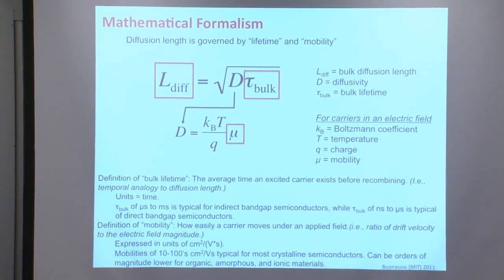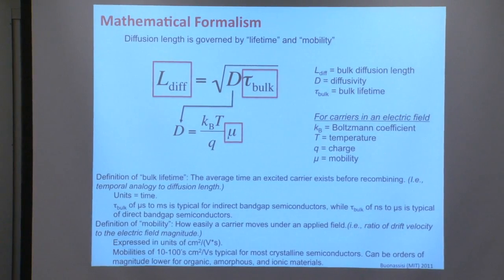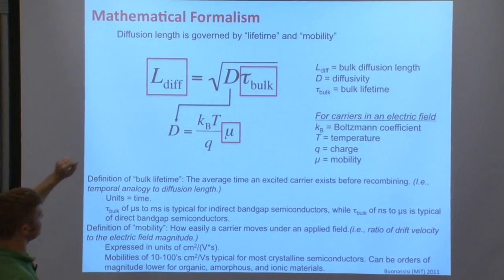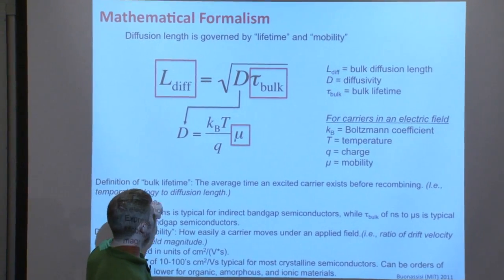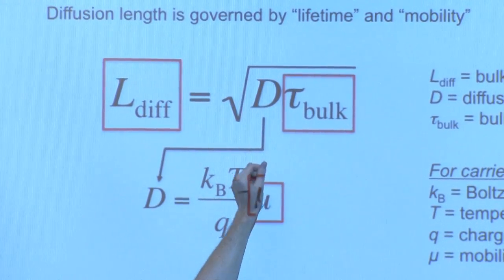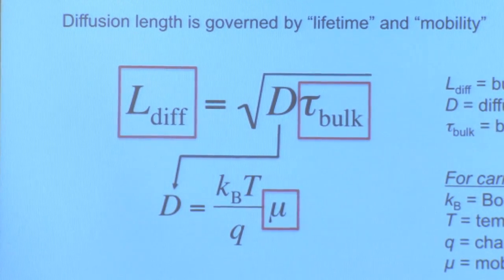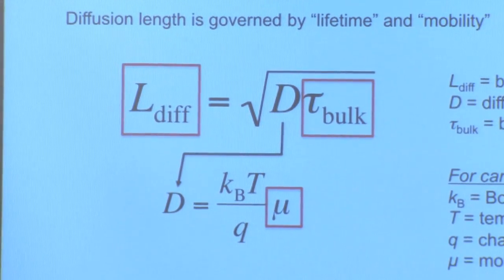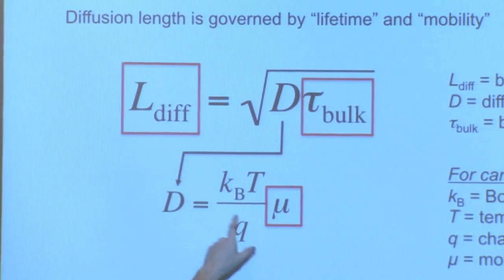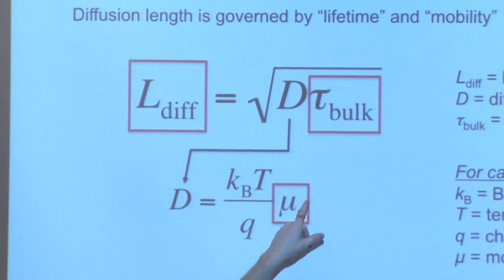OK. So this slide has a lot of stuff going on. What it's saying is that your diffusion length is the square root of the product of your diffusivity and your lifetime. The way I like to think of diffusivity is that it goes up with temperature, and it's also affected by your mobility.